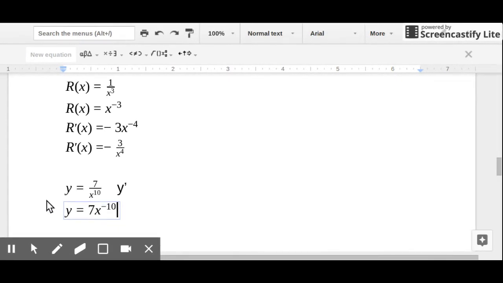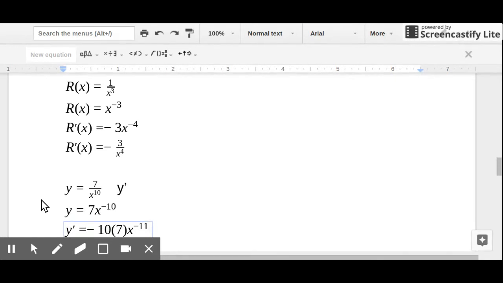All right. Now we can use the power rule, and that means that we're going to take the derivative. Let's go ahead and write y prime is equal to, so we take that negative 10, we bring it out front. I'm going to put parentheses around our 7 here, because it is multiplied, times x raised to, what do we do here? We subtract 1, so that becomes negative 11.